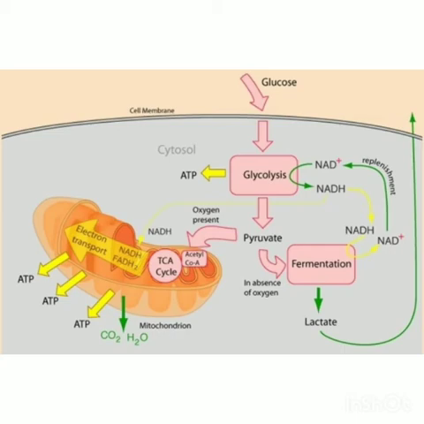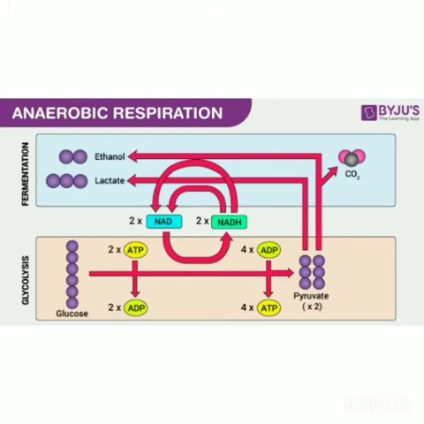Since there is an increased supply of oxygen, it leads to complete breakdown of lactic acid into carbon dioxide and water. Since glucose breaks down only partially, it leads to lactic acid. If it completely breaks down, what happens? This lactic acid again will break down into carbon dioxide and water in human beings.